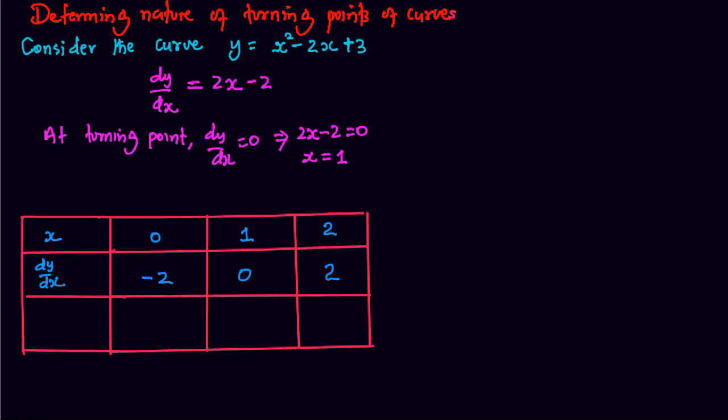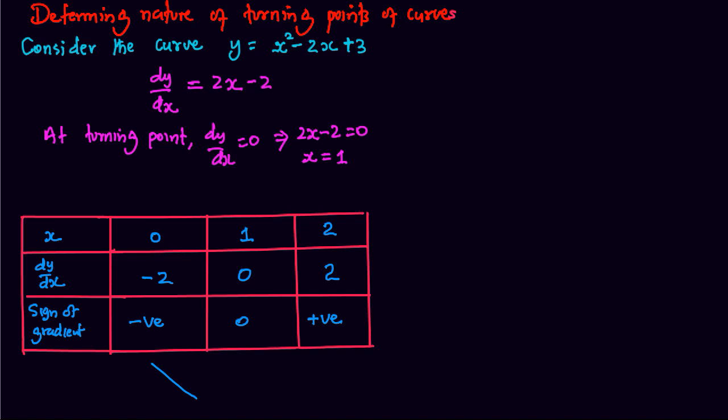So the sign of gradients in this particular case is negative, 0, positive. So negative gradients lines usually flow from left to right.